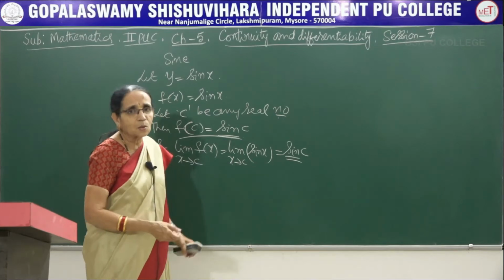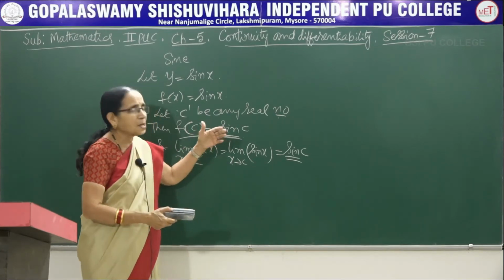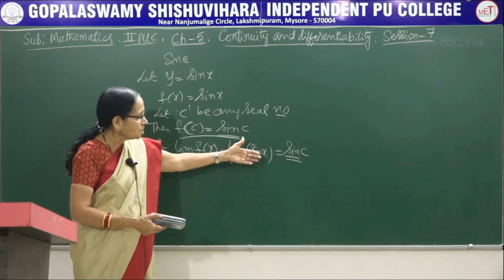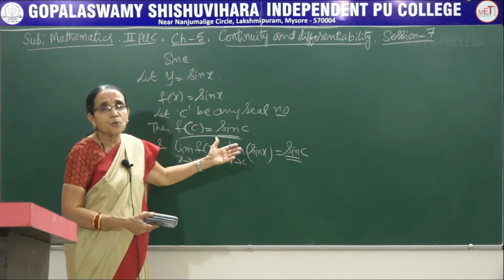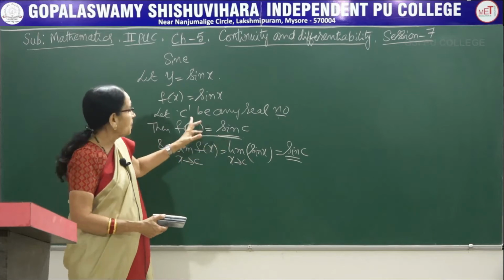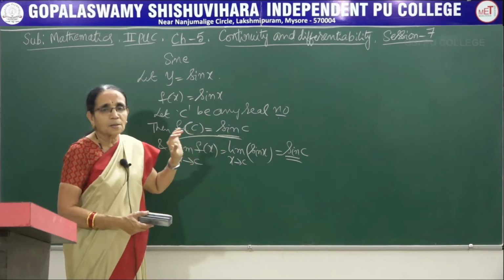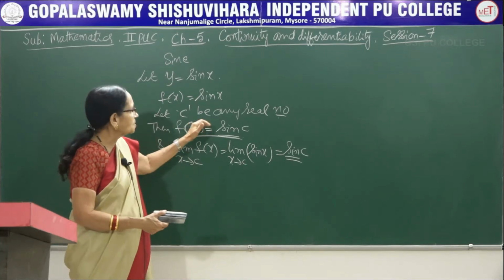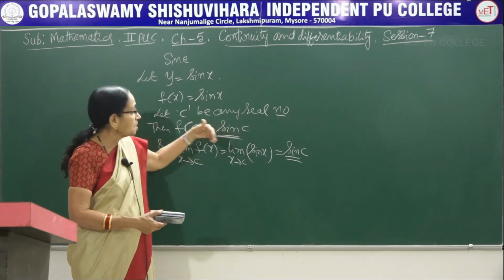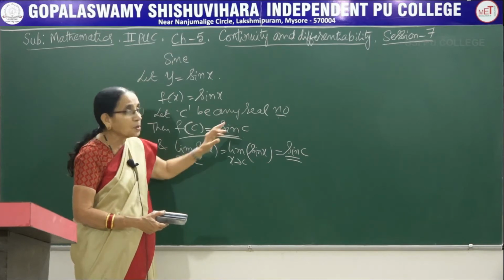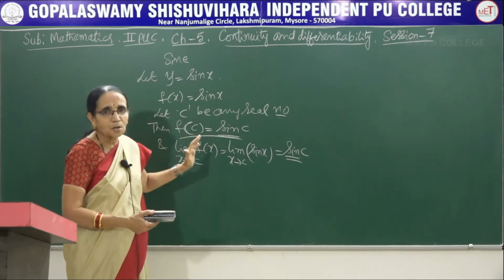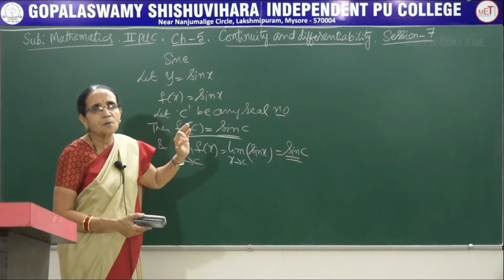So what is our conclusion? I have taken c to be some real number. So when this holds good for some real number, it holds good for all the real numbers. If I had given a particular value, then we would say that only at that point it is continuous. Since c is any general real number, that means the function is continuous for all the real values of x.